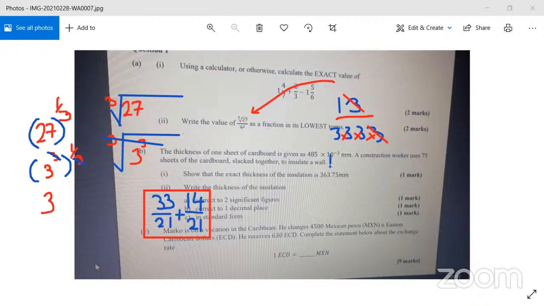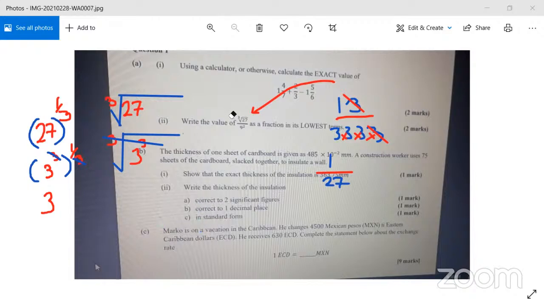So you're going to have 1 over 27. So writing this down in its lowest terms is going to be 1 over 27. All right? Get rid of this right here.